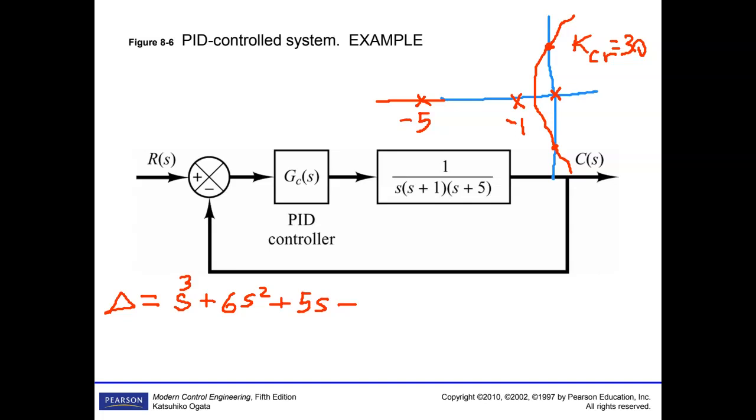So delta was equal to 5s plus Kcr, which is 30, equal to 0.